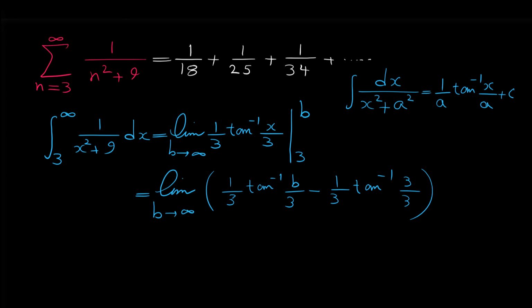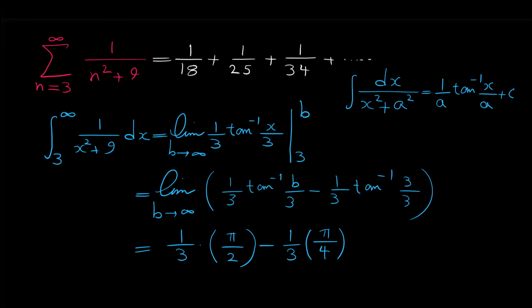As b approaches infinity, b over 3 approaches infinity. And tangent inverse of infinity is pi over 2. We write 1/3 times pi over 2, minus 1/3 tangent inverse of 1, because 3 over 3 is 1. The angle whose tangent is 1 is pi over 4.